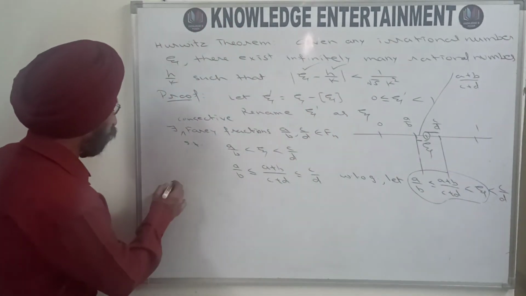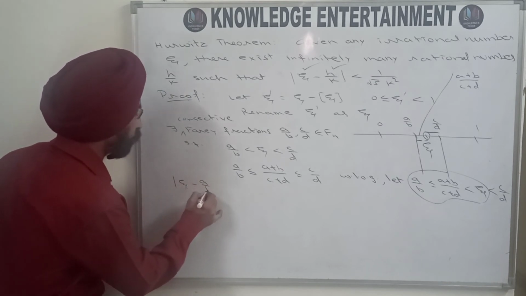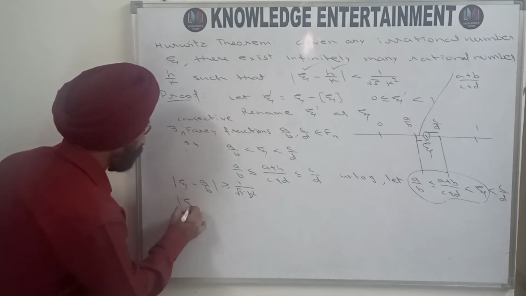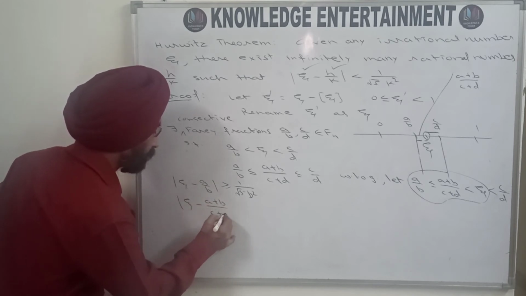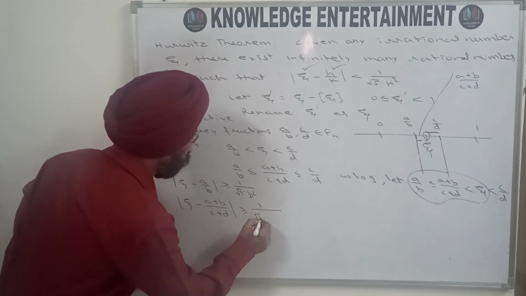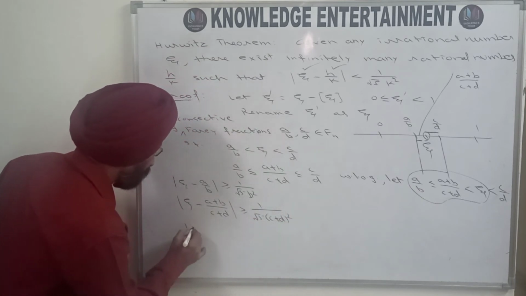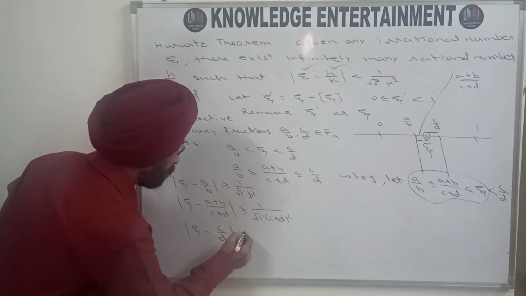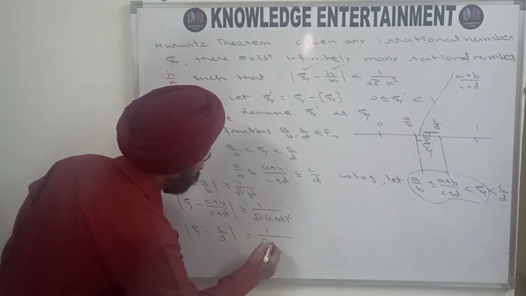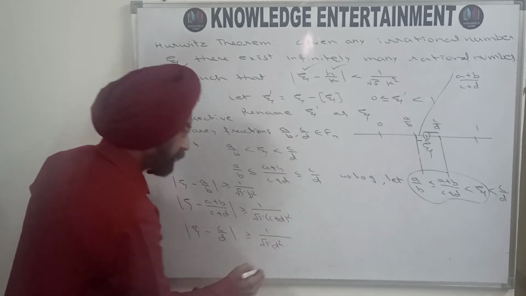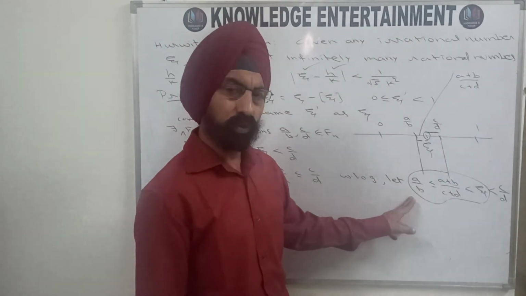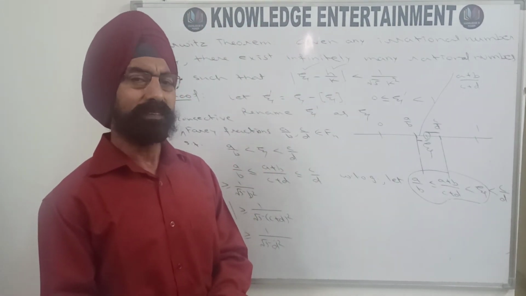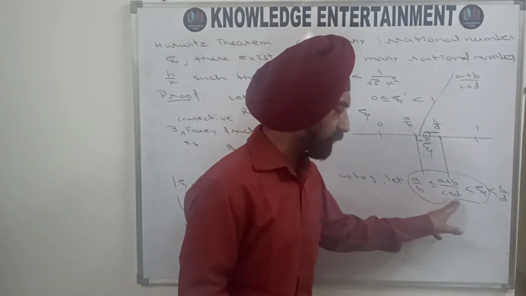This inequality will take the form xi minus a upon b is greater than or equal to 1 upon root 5 b square, xi minus a plus b upon c plus d is greater than or equal to 1 upon root 5 (c plus d) square, and xi minus c upon d is also greater than or equal to 1 upon root 5 d square.